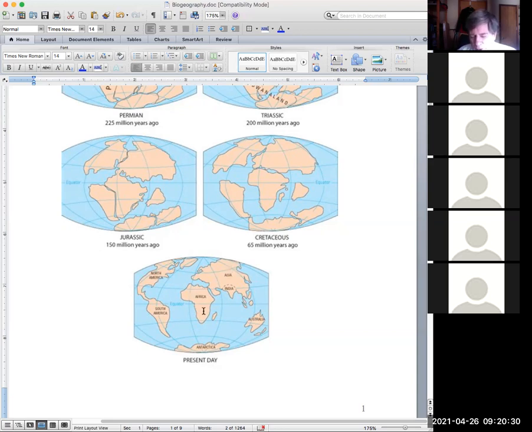So when we look at Africa, the organisms that live in this area, this is called the paleotropical realm. Paleo means old.